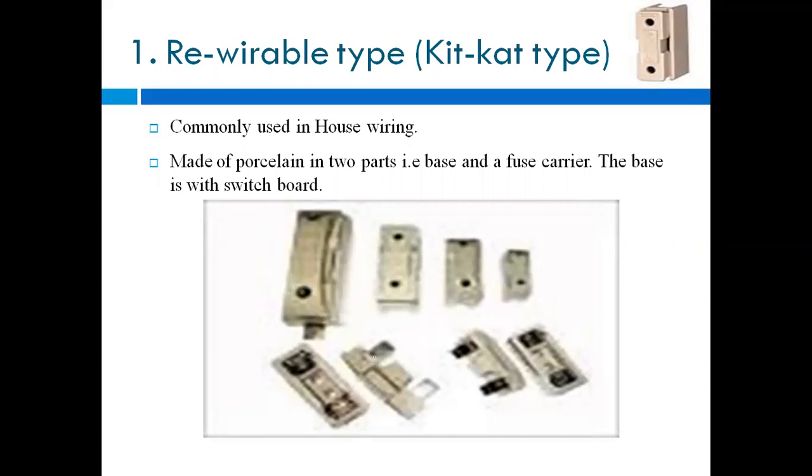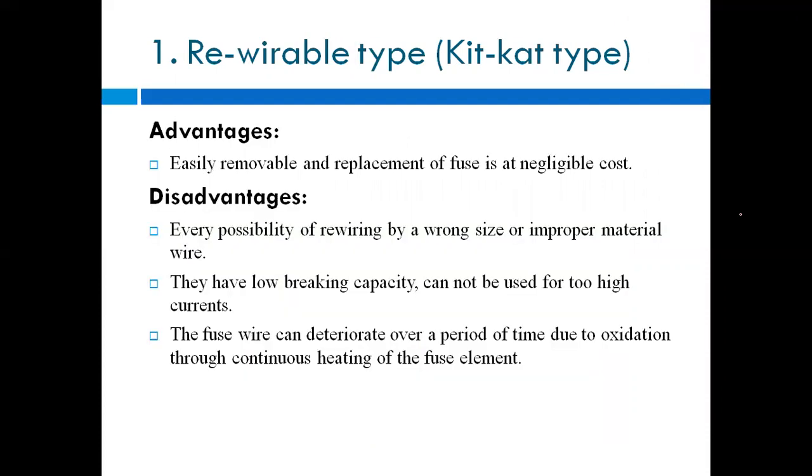This is the carrier where the fuse is actually connected, with only two points connected here, and this is the base in which that fuse is fixed. So it is also called the KitKat type of fuse.